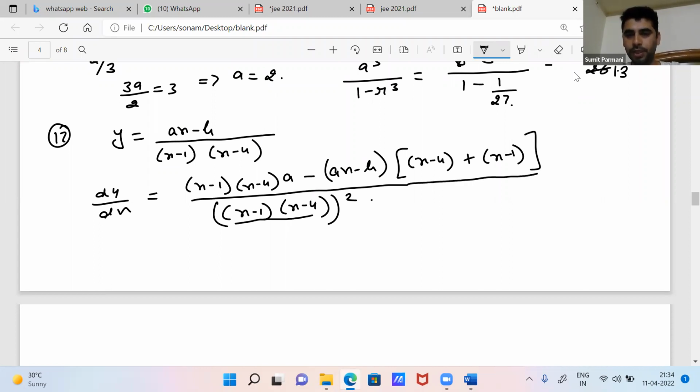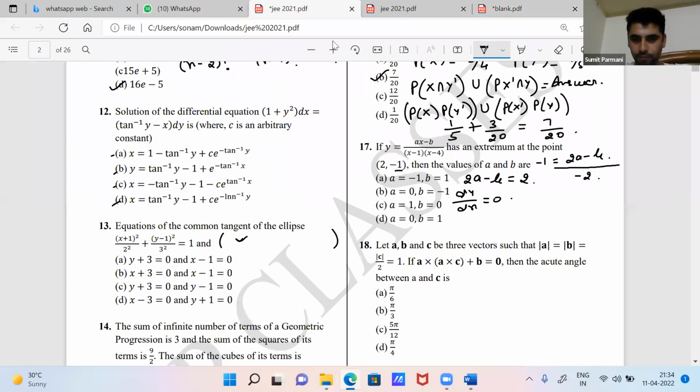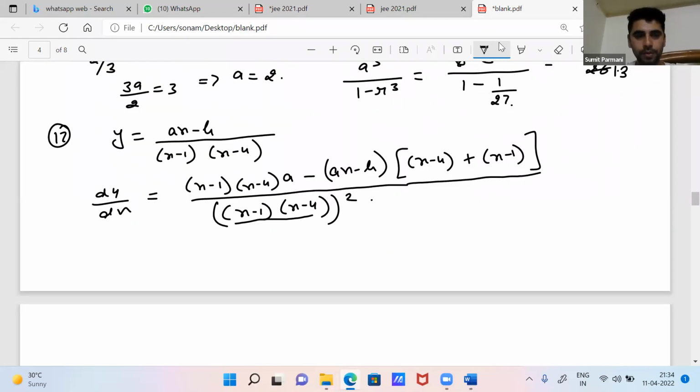Now put this equal to 0 with x is equals to 2. So 0, and this is constant. This is 1 and this is positive. So take this 4 on the left hand side. It will be 0.